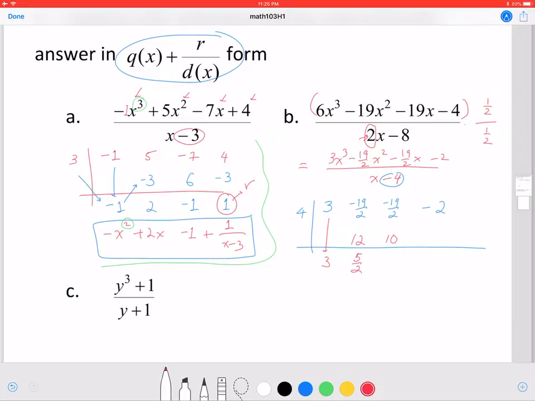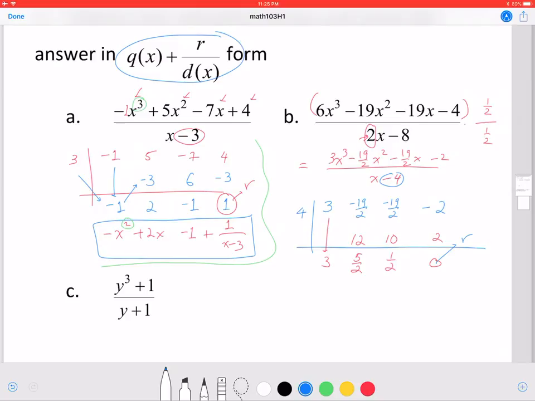And 10 plus -19 over 2 gives me half, because 10 is 20 over 2. 4 times half gives me 2, and -2 plus 2 is 0. So my remainder is 0, and I will not have any R over D of x.